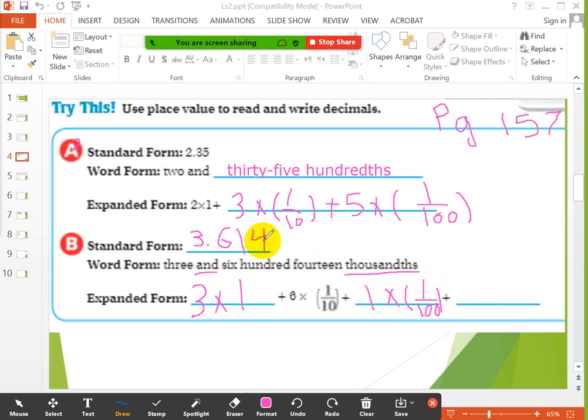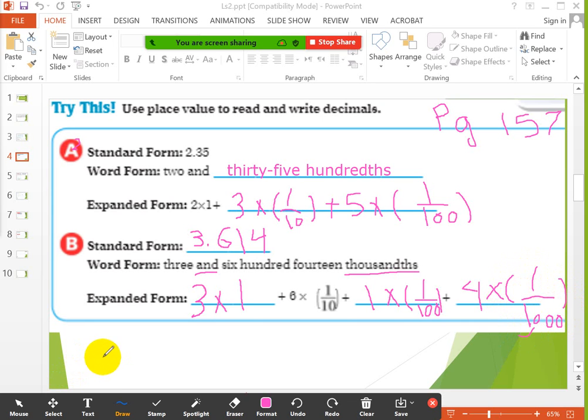What about the 4? 4 in the thousandths digit. That means the value of the number will be 4 multiplied by 1 over 1000. Okay? Don't forget the comma, please.